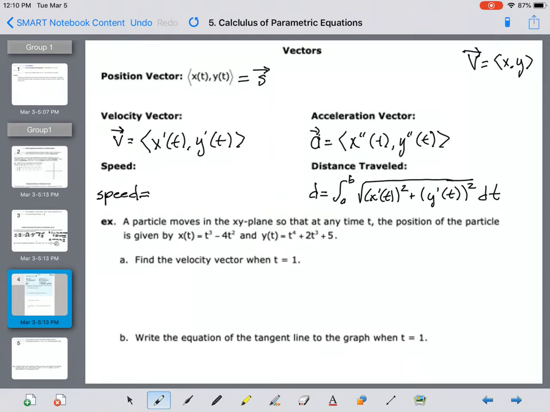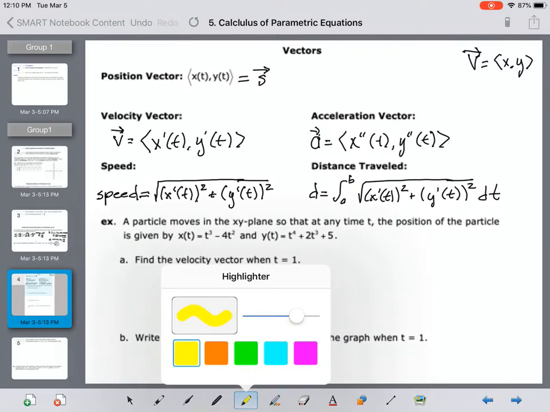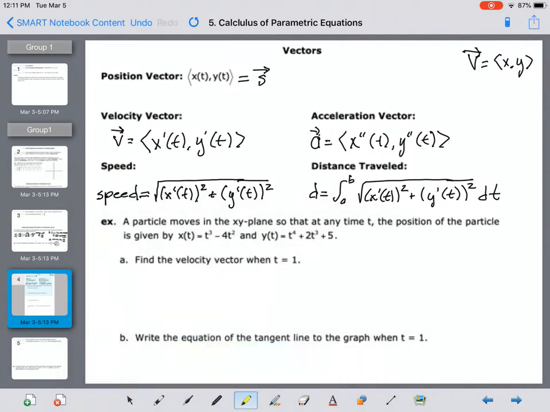We're still using our velocity, and we're using our distance formula here, and we get that. Very close.